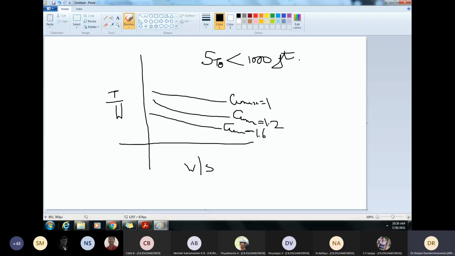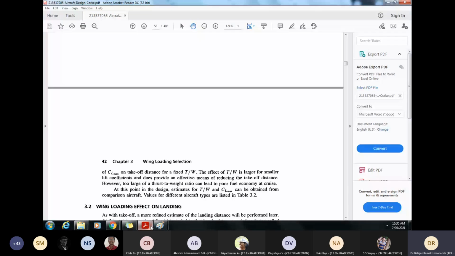You plot such curves. I don't know right that it looks like this or it moves like this, but you just plot these for various values of CL max also. So plot these two curves. And the red one you mark what you have chosen, what you think will be correct.